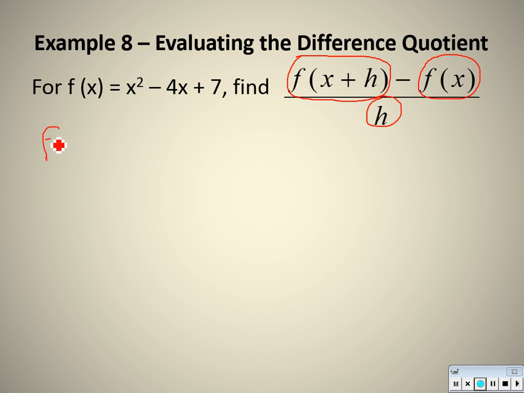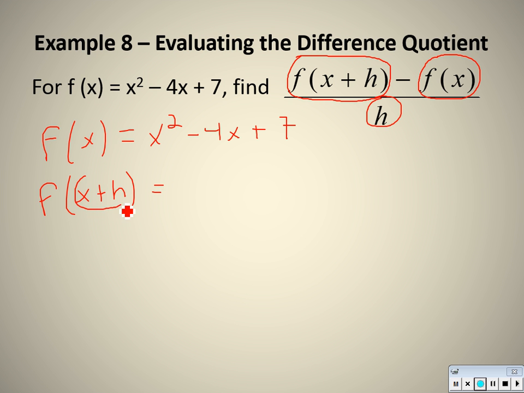If you have f of x, and this is x squared minus 4x plus 7, so if I were to do f of x plus h, all I want to do is take an x plus h and substitute it in here and here and do some simplifying when I substitute those in.